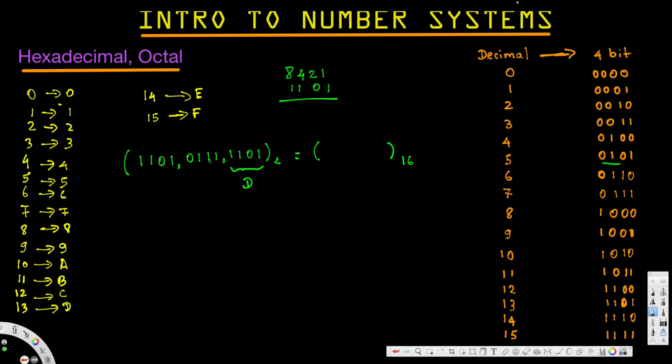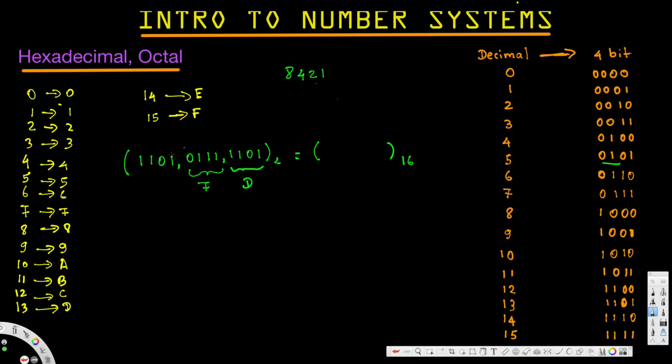And 0111, this 8 is 0 and 4 is 1, so 4, 2, 1, that's going to be 7. So here we are going to have 7. Okay, this is 7.